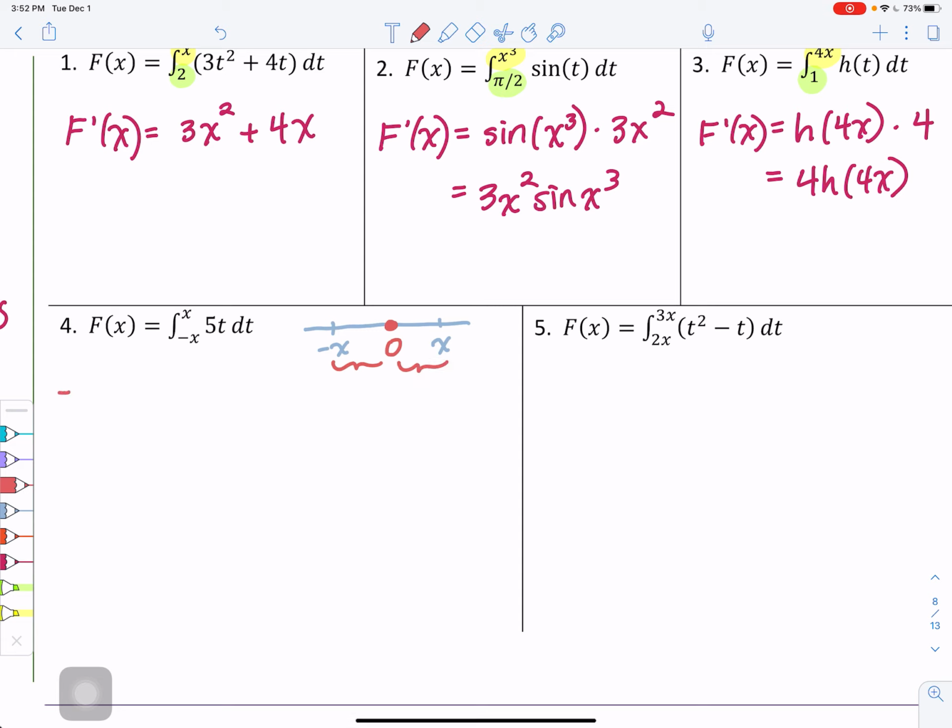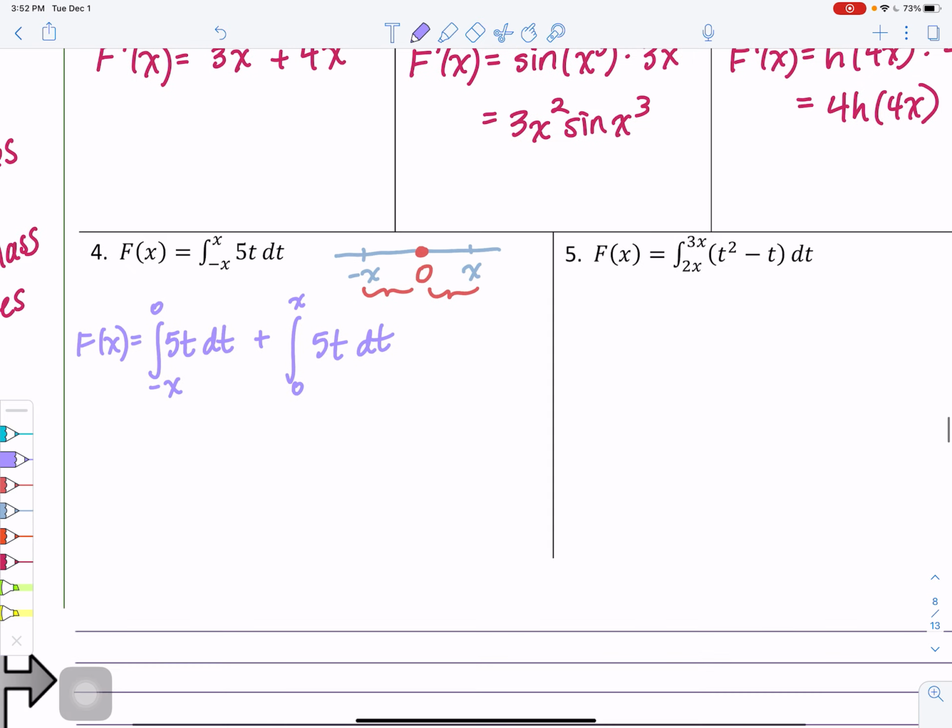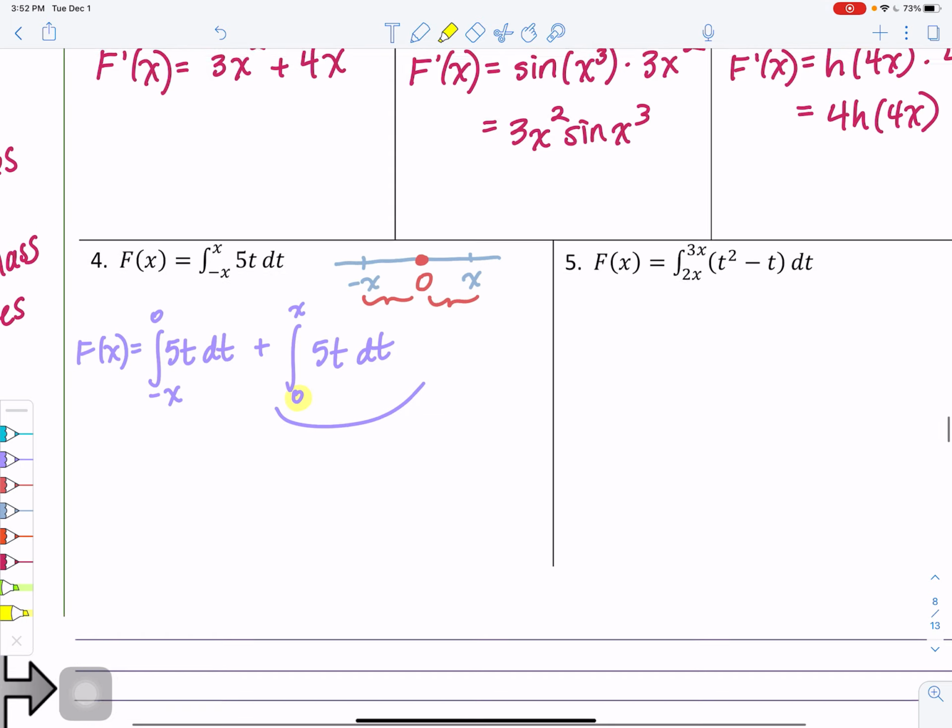Let's do it. Before we use the FTOC, we have to rewrite capital F of x as the integral from negative x to 0 of 5t dt, and we're going to add the integral from 0 to x of 5t dt. Now, we can apply FTOC2 to this one because the lower limit of integration is 0.